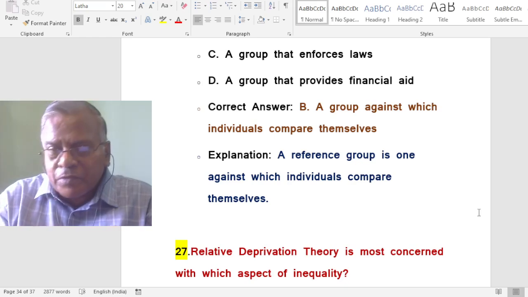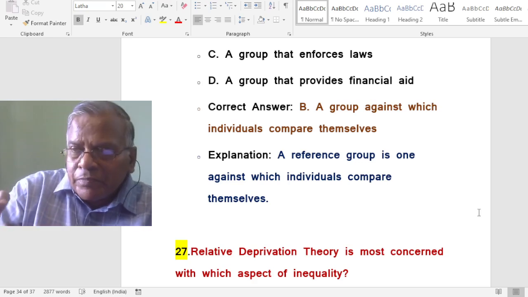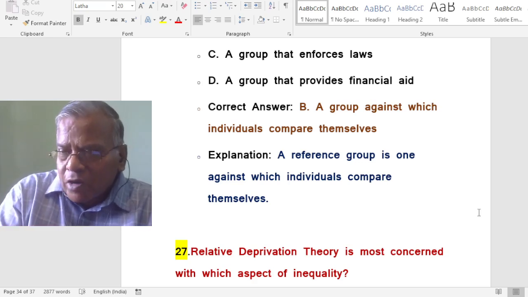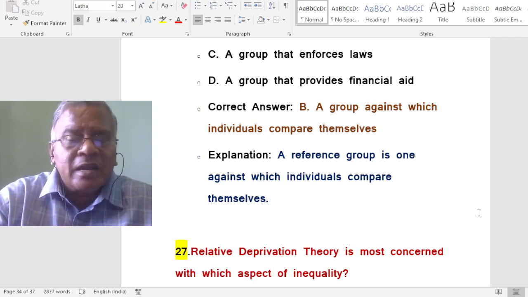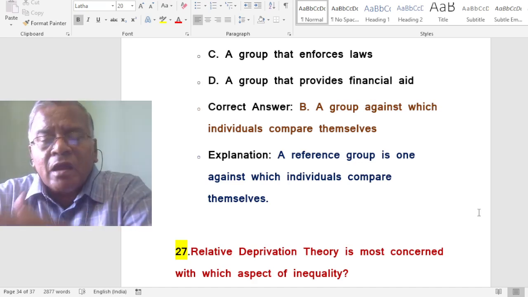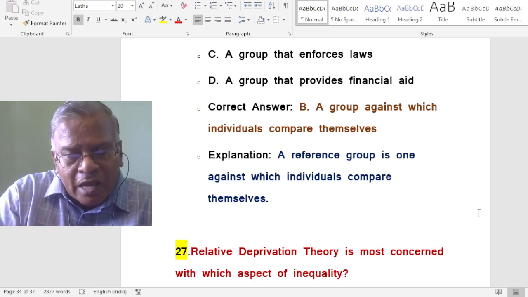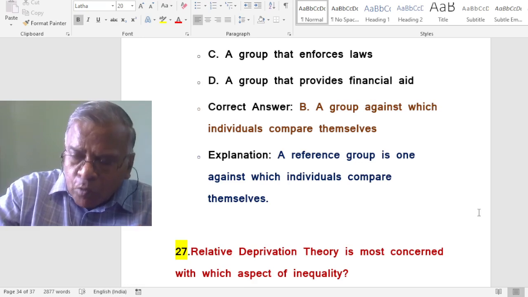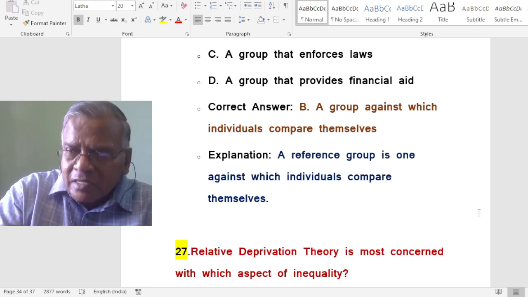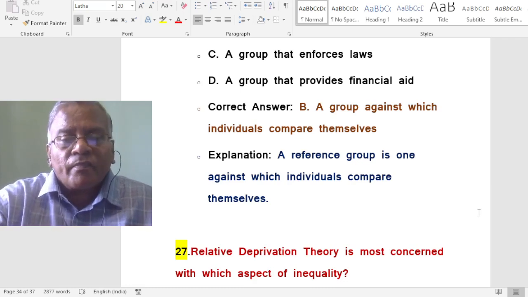They get a lot of privileges. So naturally, the reference group will be those people who are getting a lot of privileges. This particular group compares with another group because those people are having more and these people are having less. I think the reference group is those people who are having more. So based on that, then they get into the feelings of inequality.